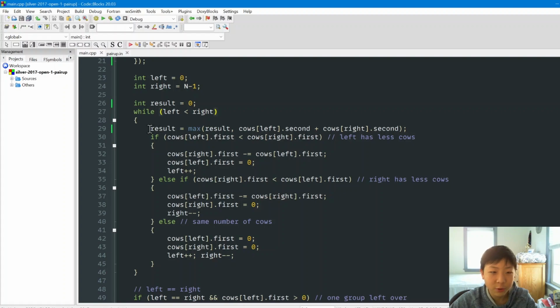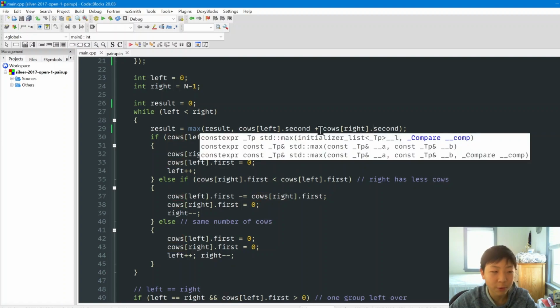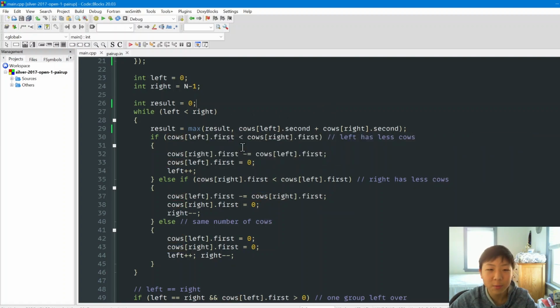So we're going to update our result right now. We're just going to say the result equals the max of result and cows left dot second, which is just the milking time for the left, plus cows right dot second, which is just the milking time for right. So we're going to add them and we're going to max it into the result.